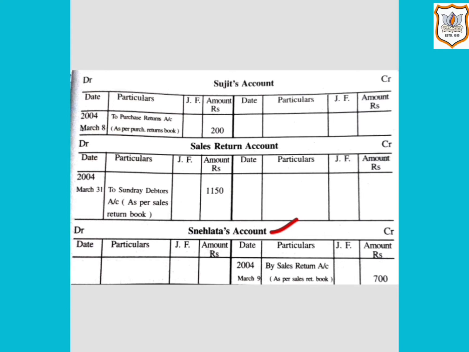So as you can see here, there are a total of 14 accounts which are opened here. That is on the basis of the subsidiary books, that is purchase book, sales book, purchase return book and sales return book.